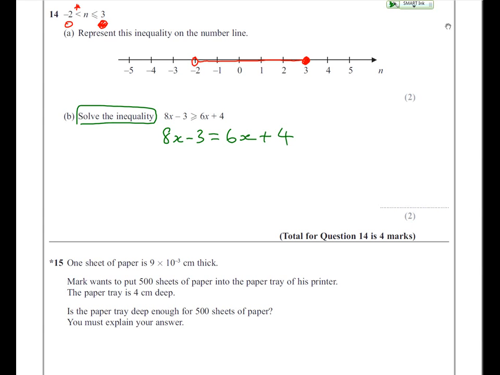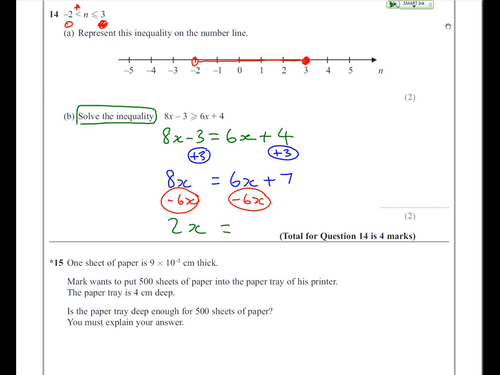Hopefully you know how to solve these equations. We have to get the numbers on one side and the letters on the other side. We're going to add 3 onto both sides of the equation. We get 8x equals 6x plus 7. We're going to take away 6x from both sides, and we're going to get 2x equals 7.